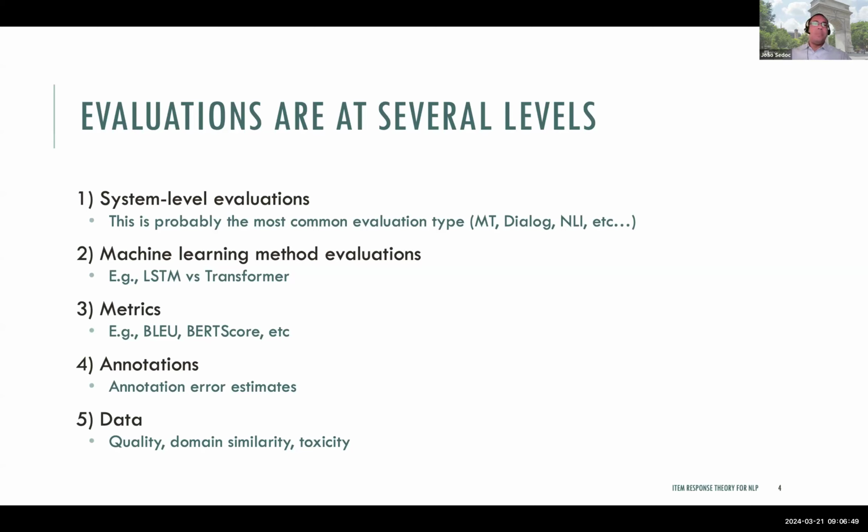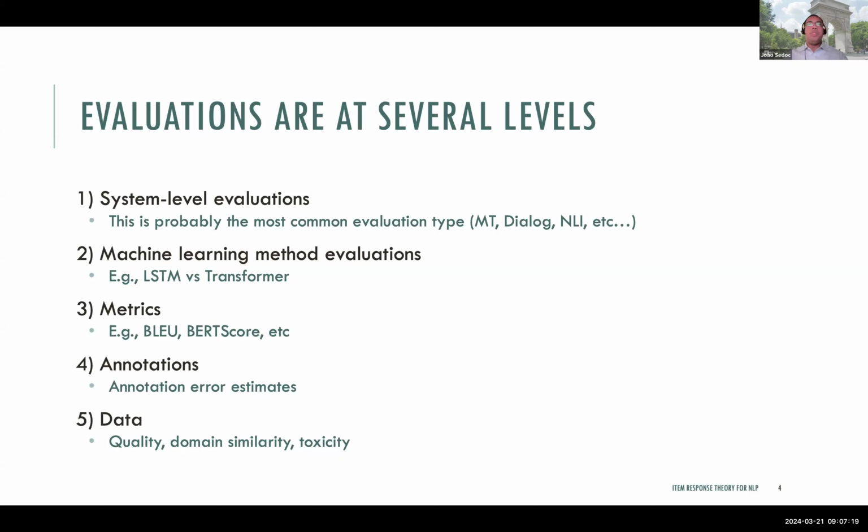Examples of system level evaluations would be machine translation systems, dialogue systems, natural language information systems, etc. Here a system is not just a trained model, but possibly something as full as ChatGPT when we integrate them. Next, we have evaluations of machine learning methods.